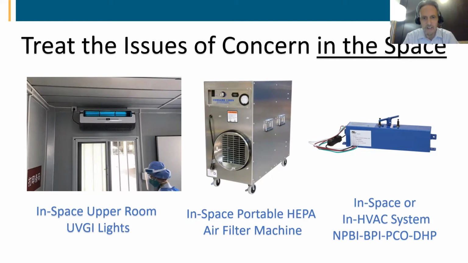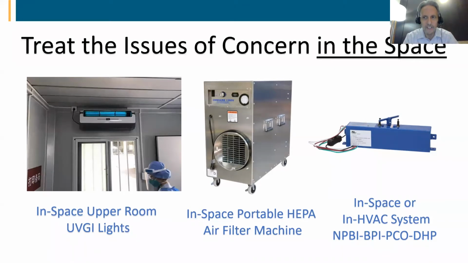I'll move to the center of the slide and I show in-space portable HEPA air filtration machines. It's typically a box with a fan and a HEPA filter. HEPA filters are 99.97% efficient at extracting the most penetrating particle size, 0.3 micrometers, which is about the size, the beginning size of a SARS-CoV-2 droplet nuclei. So effectively, it can clean the air.